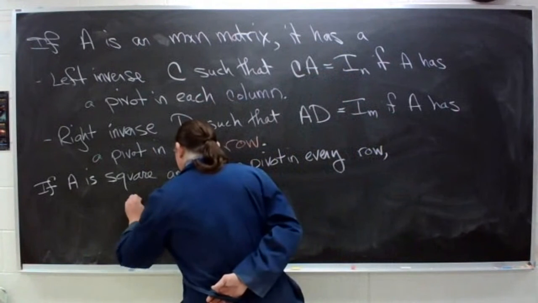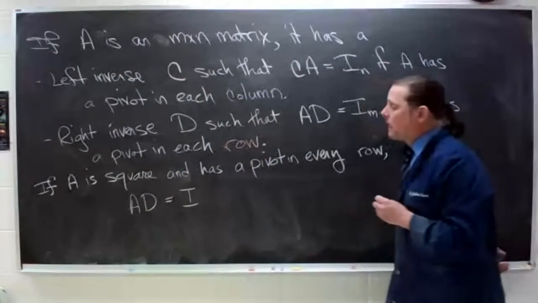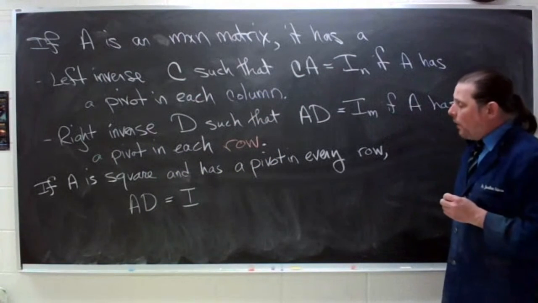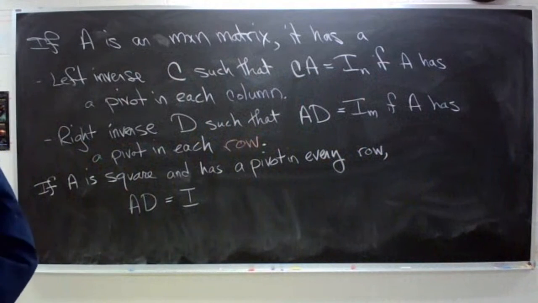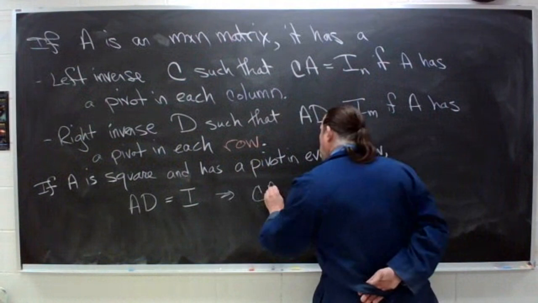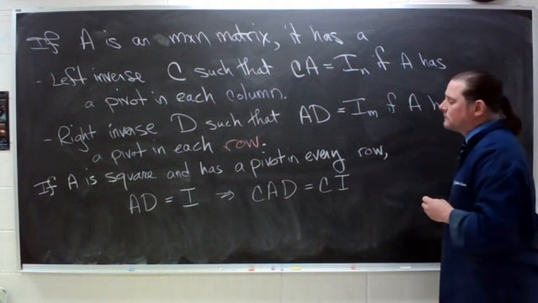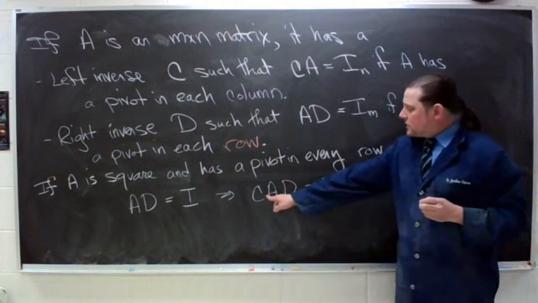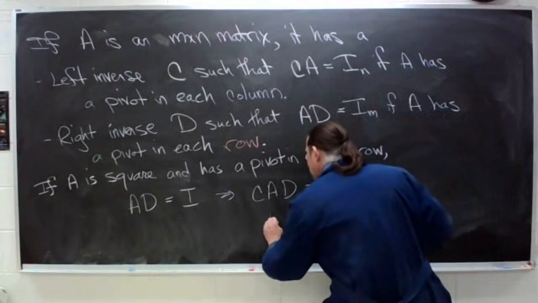So I would say AD is equal to the identity. And now I could multiply by this left inverse on the left. Since this is the left inverse, CA must be the identity.